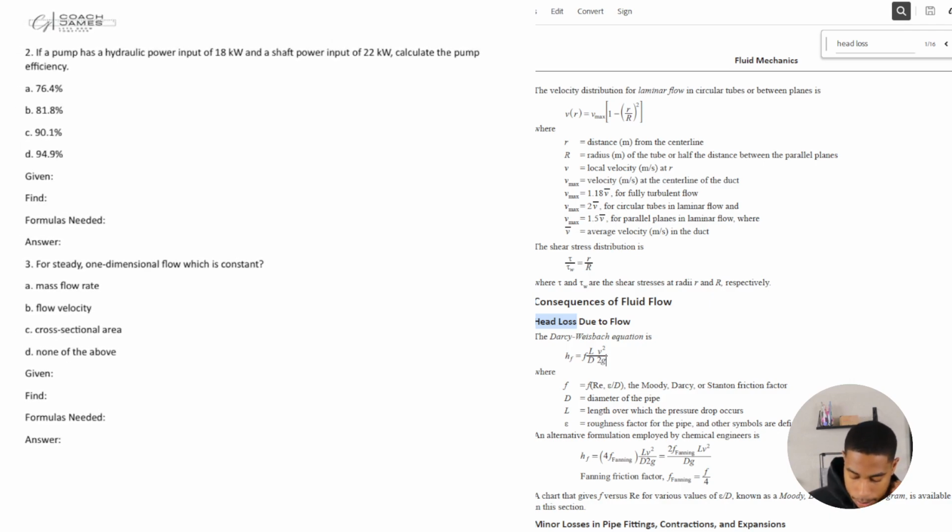All right. So if a pump has a hydraulic power input of 18 kilowatts and a shaft input power of 22 kilowatts, calculate the pump efficiency. All right.